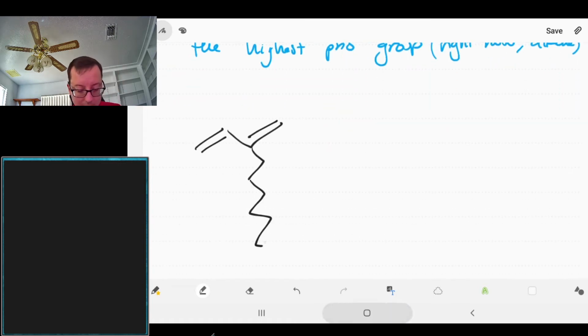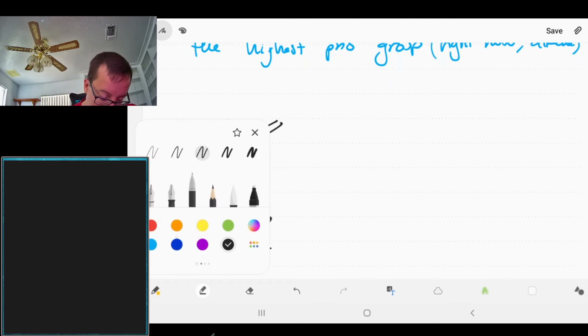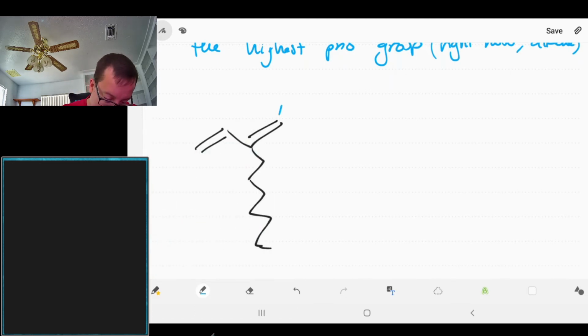Here's some crazy compound. Our longest chain for this compound has to include our highest priority groups. So our parent is 4 carbons. We don't care about the rest of this. We have to include our highest priority groups in our longest chain for naming purposes.